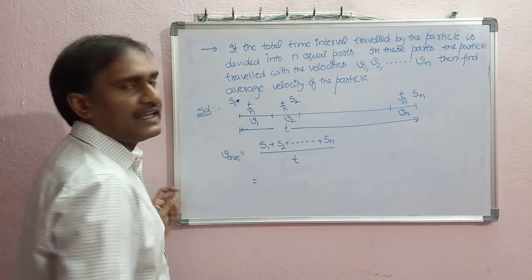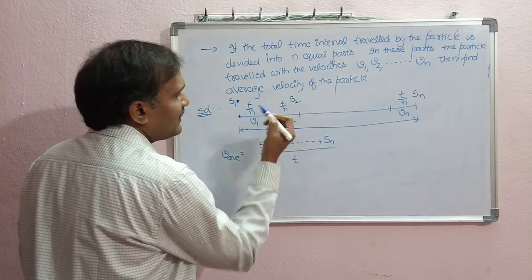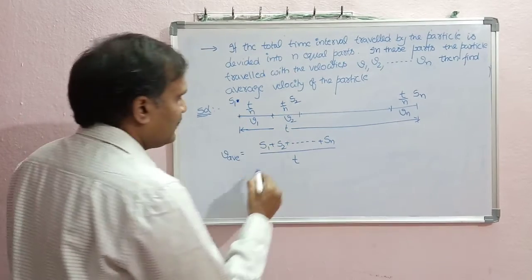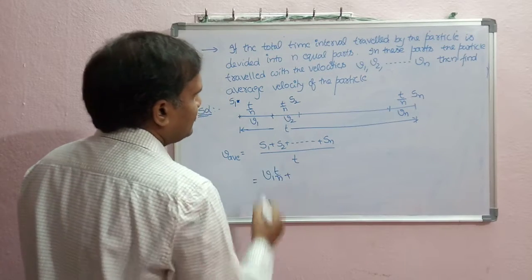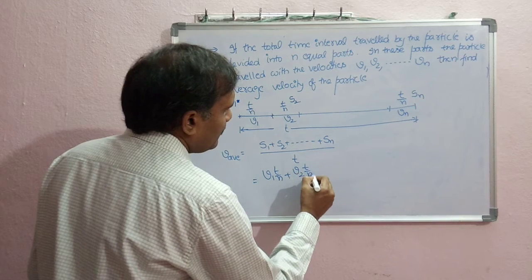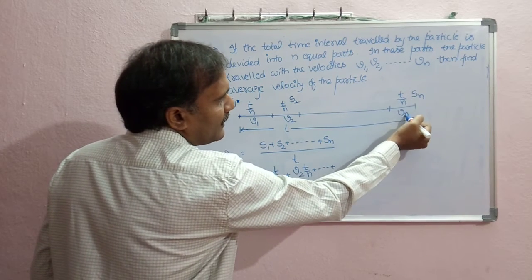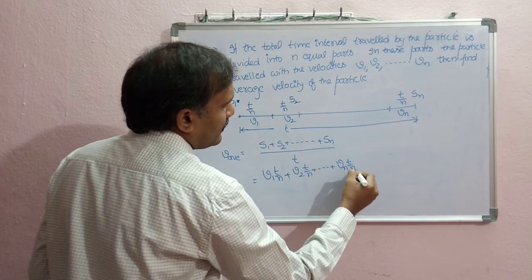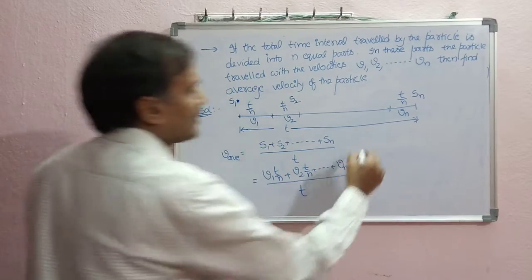Now, this is equal to S1, which is V1 into t by n, the displacement covered by the particle during this time interval, since S is equal to V into t. Plus S2 becomes V2 into t by n, plus so on, Sn is Vn into t by n, divided by the time interval t.